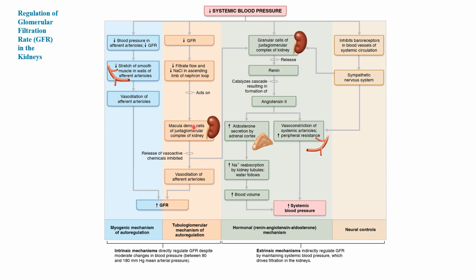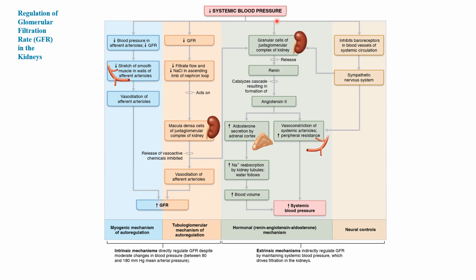This acts on the macula densa cells in the juxtaglomerular complex of the kidney, and those macula densa cells inhibit the release of vasoactive chemicals, and they cause the vasodilation of the afferent arterioles, because those macula densa cells know that we need to increase the blood flow, so sodium levels are not so low. This also increases the GFR.